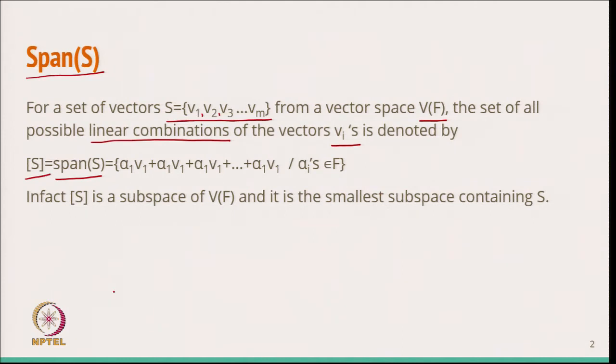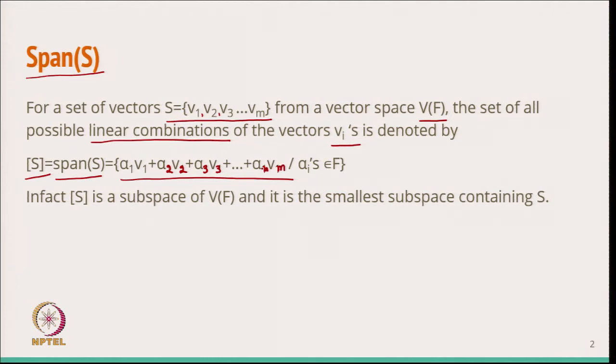And what is that? It is the set of all the possible linear combinations alpha 1 V1, alpha 2 V2, alpha 3 V3 and alpha m Vm.